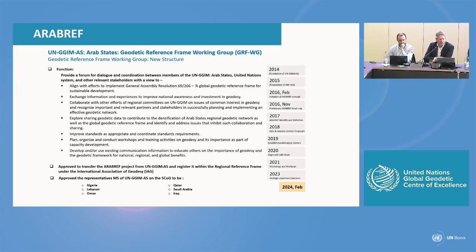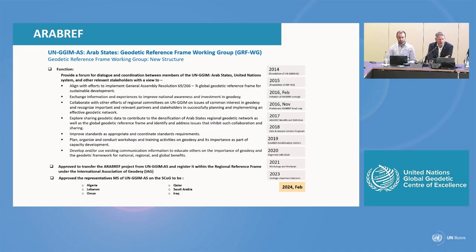So just to give you a quick history of the background, they do have a working group. They are looking to progress, and Zahir's been doing a great job in being an advisor to them. They're saying all the right things, and there's the agreement there that they're looking to align and implement the General Assembly resolution. The main function of us being there is to try and build the awareness around the benefits of what they will get if they go down this path.